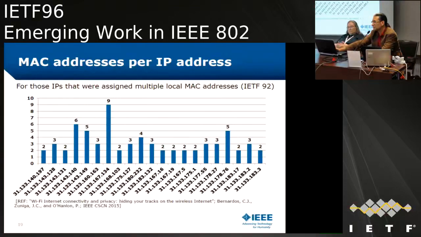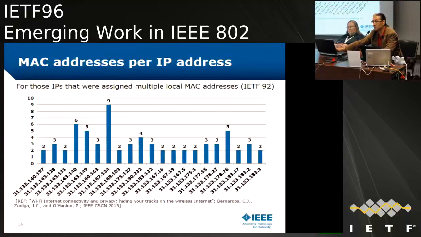Interestingly, we saw that even though we were randomizing the MAC addresses, there were some IP addresses that were still being assigned to the same device. After further investigation, we realized that the DHCP binding was not only taking place based on the MAC address, but also on other identifiers like host ID, client ID, and so on. So that rang a bell, and we are doing some work now, for those of you that will attend the SAG meeting or all the security meetings, and even in 6man.